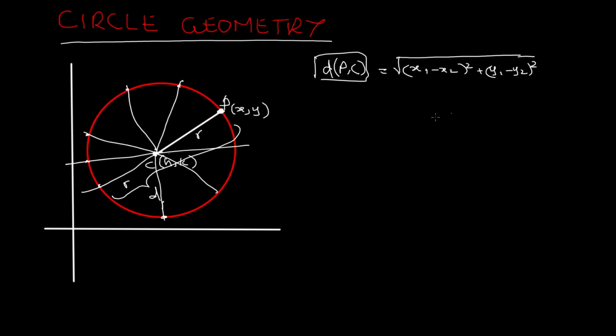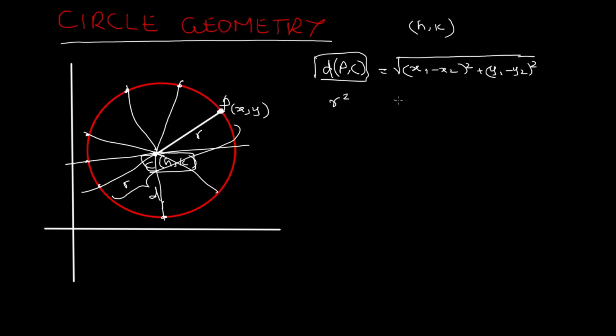So this is our formula, meaning that the center of the circle is normally represented as (h, k) in most books. Any other point on the circle will be (x, y). Those are the coordinates. So in our example here, the distance between P and C is our radius.